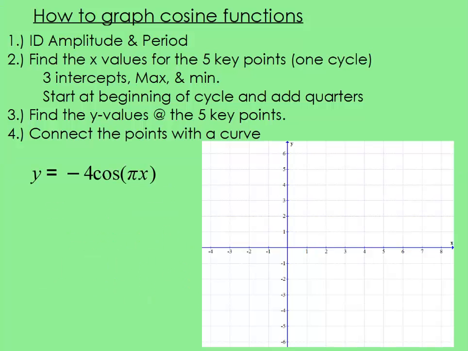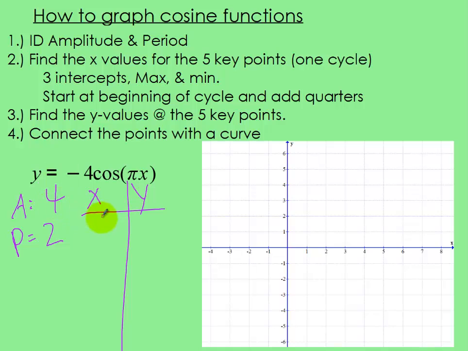And if you want to graph it, it's still the same idea. You have to find the amplitude and period, and then you have to find the 5 key points. The amplitude's 4, and the period is going to be 2 in this case. Then you find your key points, find the y values, and connect the points to find the curve. So I could just do that right now.